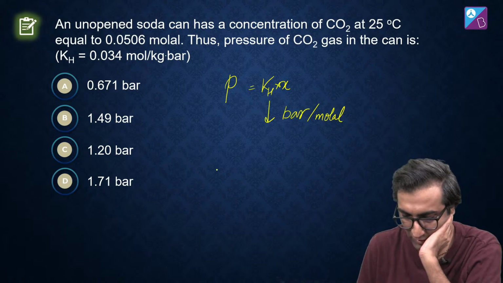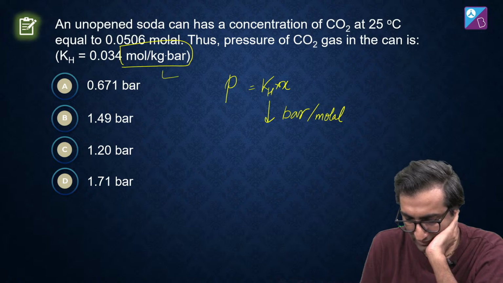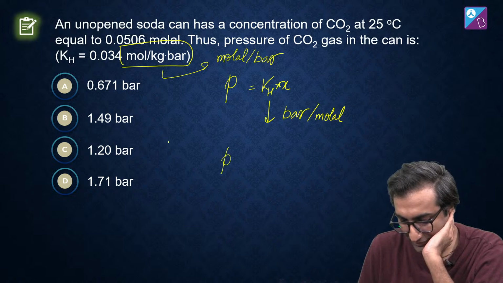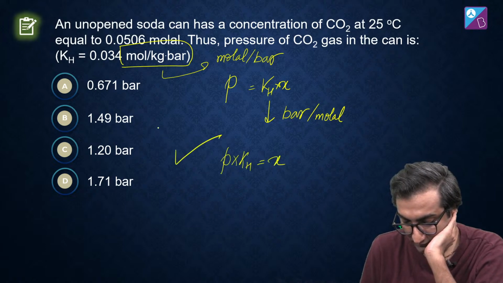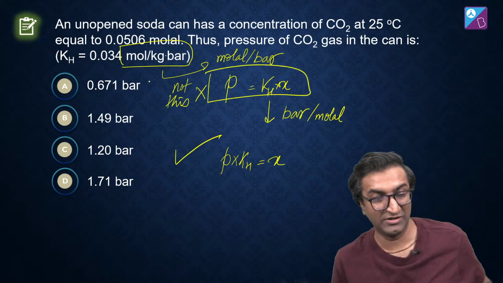But look at the units given over here. The units given here are molar per bar. That means the expression we are using now is this and not this. This is the most important part about this question.